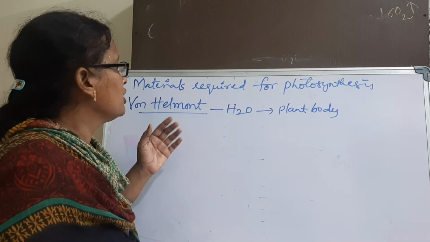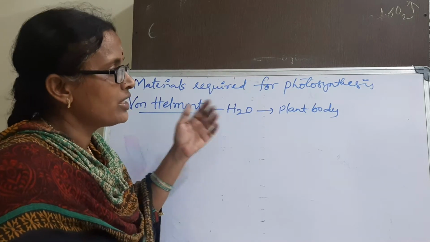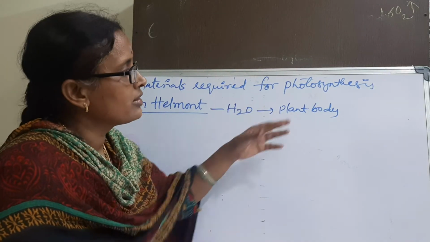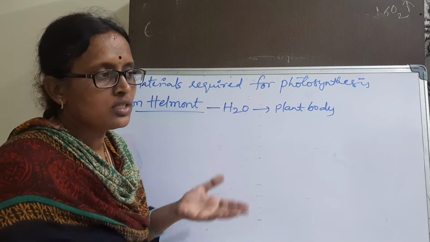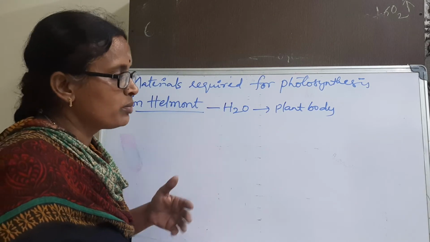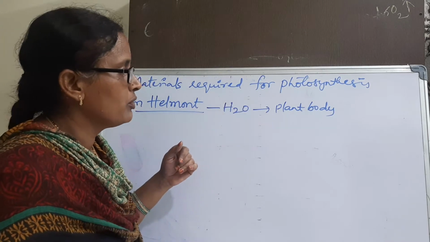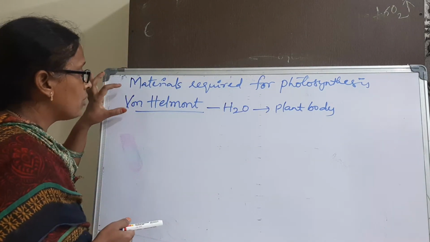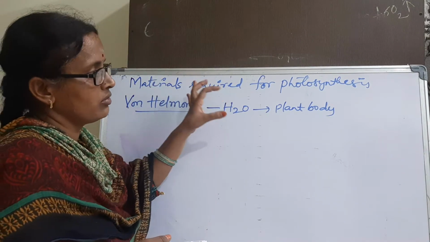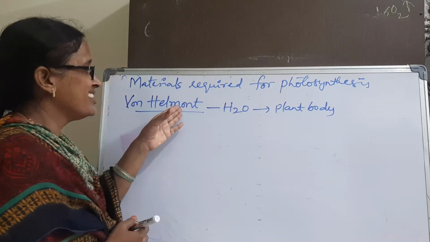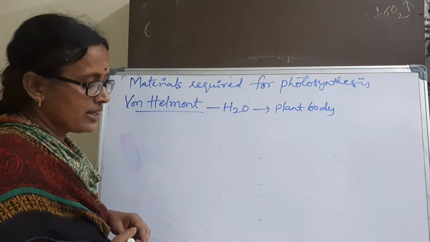But at that time they didn't know the process of photosynthesis. Actually, plant body mass increases due to photosynthesis. In photosynthesis, they prepare food materials, those materials are used for releasing energy, and they help the growth of the plant. He said that water is responsible for plant growth. This is studied in the previous 6th class.